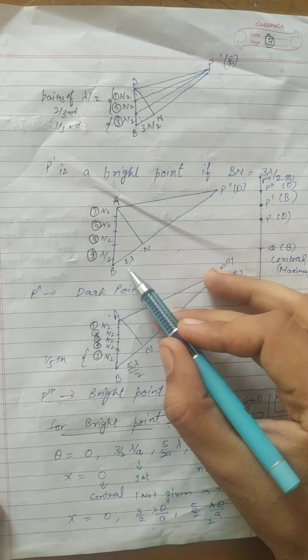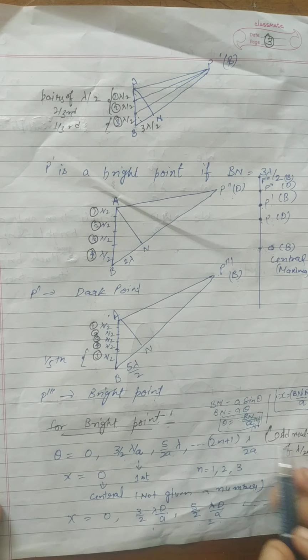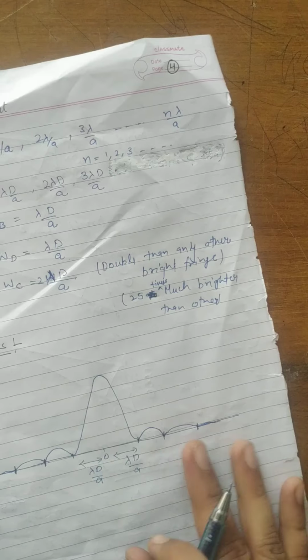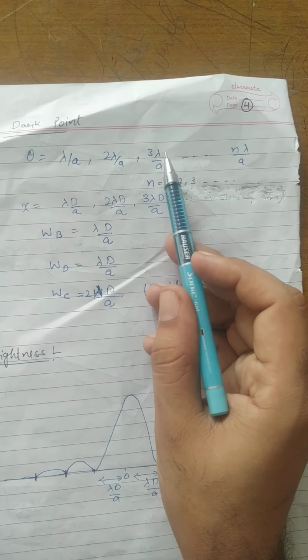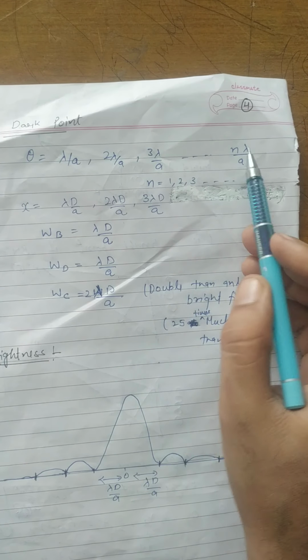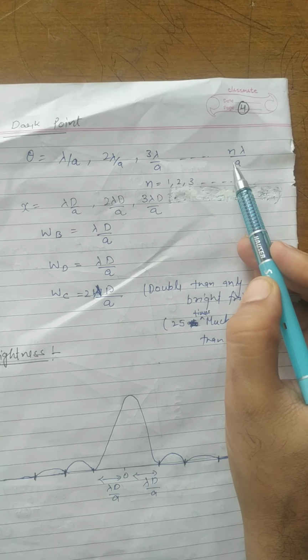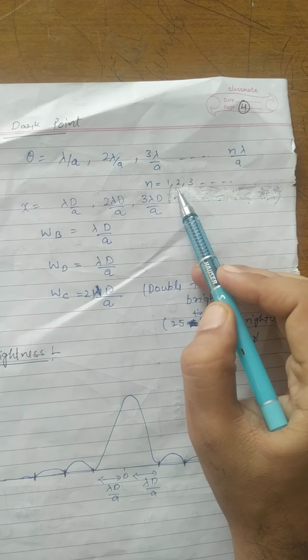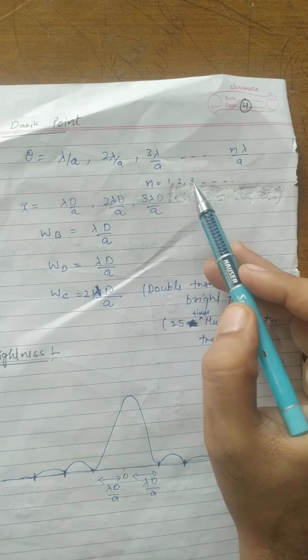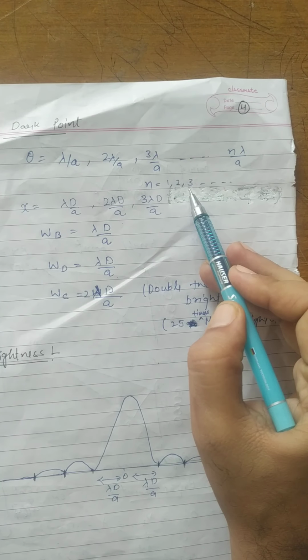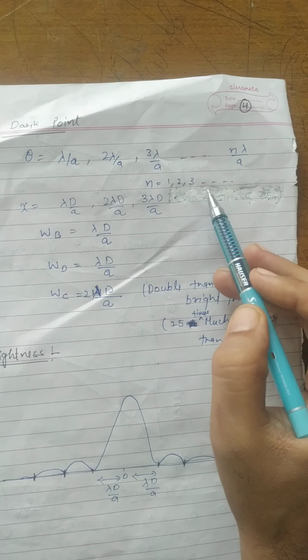So what is the value of bn, that is 2 lambda by a. So first is lambda by a, second is 2 lambda by a. Similarly another one is 3 lambda by a. So the generalized formula that we get is n lambda by a. If I put the value of n is equal to 1, what we get, lambda by a. If I put n is equal to 2, it becomes 2 lambda by a. Similarly if I put n is equal to 3, then it becomes 3 lambda by a.